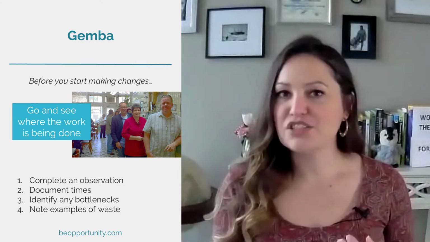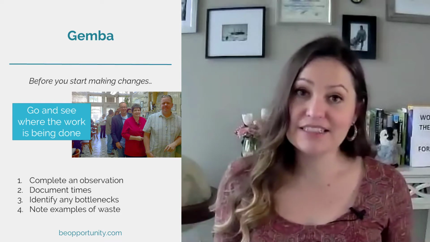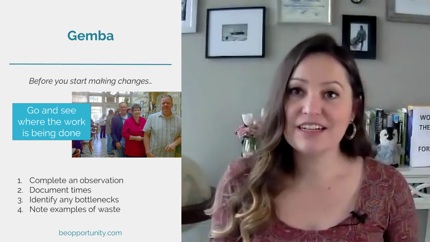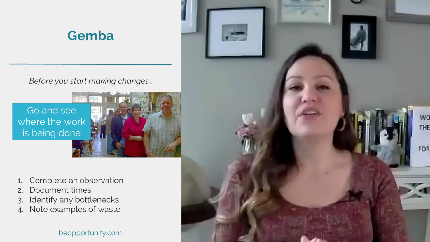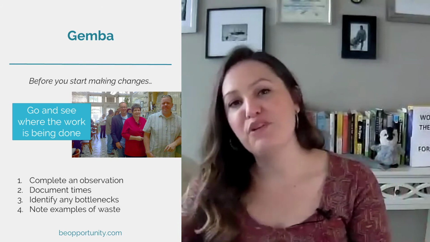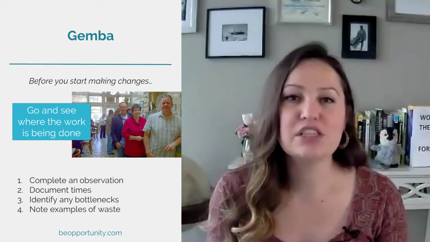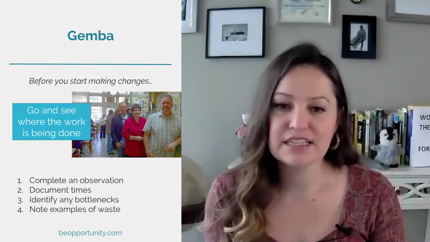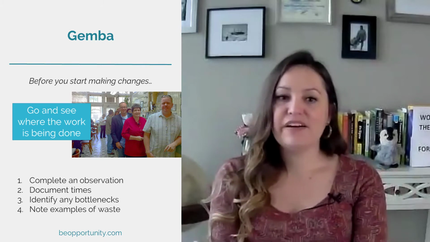Are you going to do seconds, minutes, or hours? I really recommend recording exact times, if possible by the minute. Otherwise, we tend to go 5 minutes this way or 15 minutes that way, and it sometimes loses its value. What this does for you is allow you to identify bottlenecks.